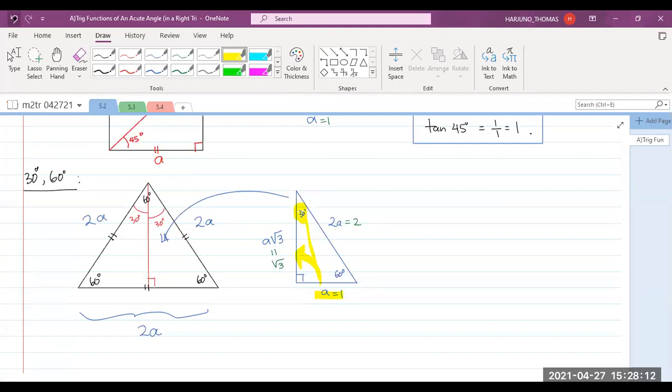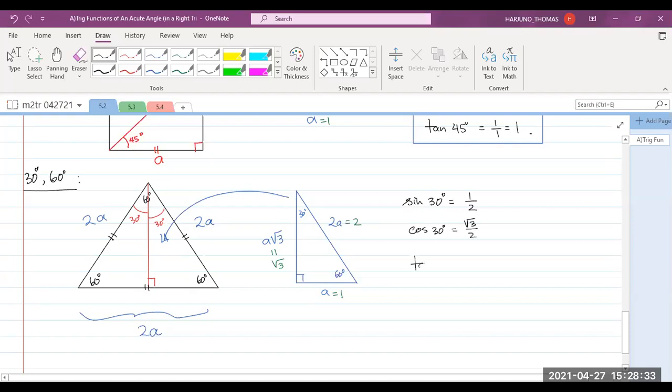Why do I need to teach it that way? First, from there, let's get the trig values. Sine 30 degrees is opposite 1 over hypotenuse 2. Cosine 30 degrees is the adjacent radical 3 over hypotenuse 2. Tangent 30 degrees is opposite over adjacent, which is radical 3 over 3.